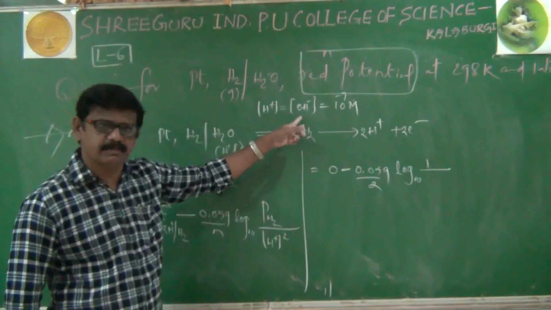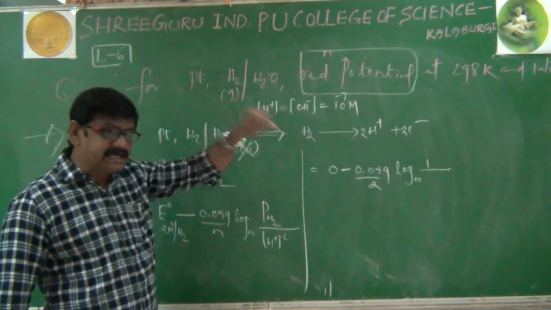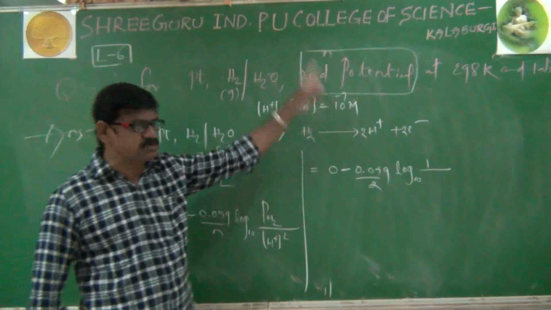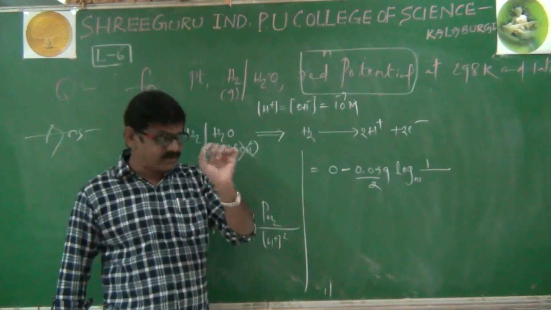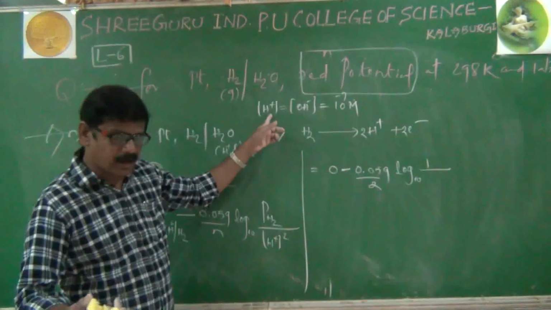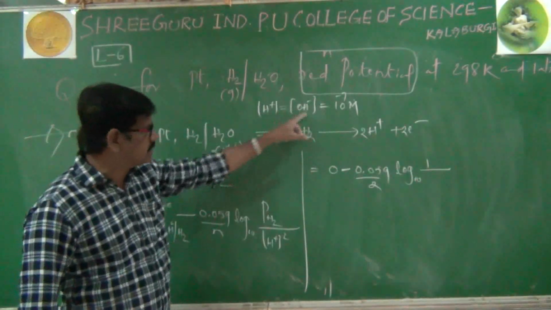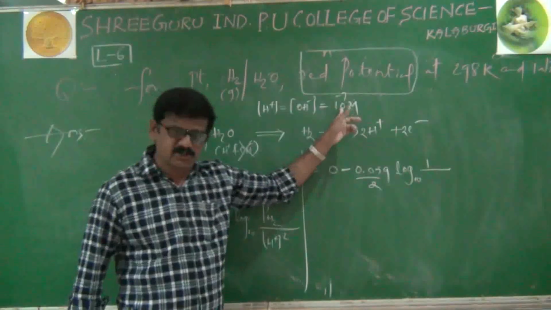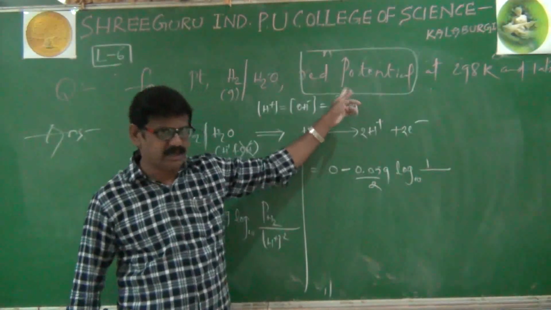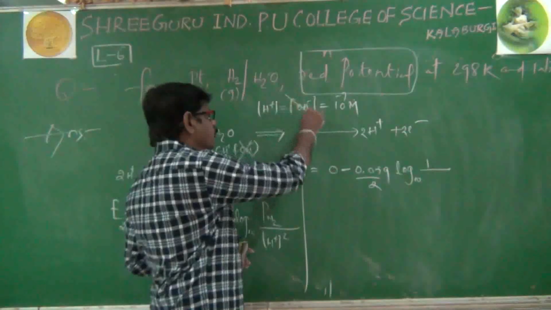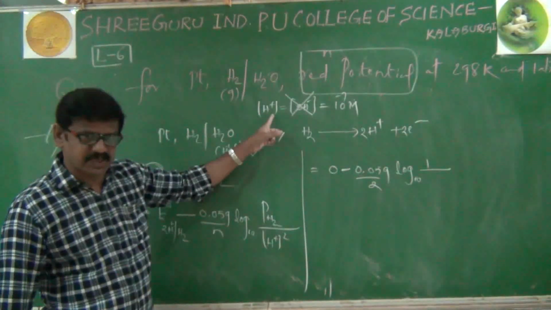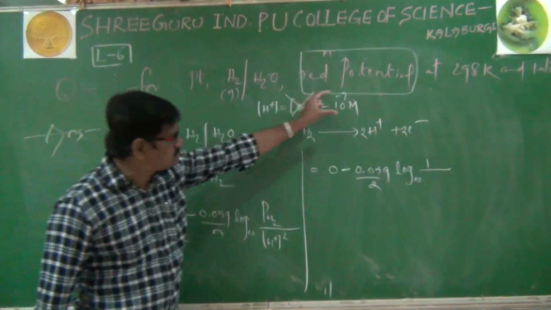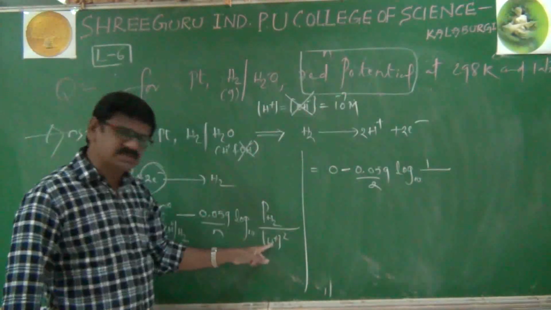It is a fixed value because H plus times OH minus is 10 to the power of minus 14. That is the ionic product of water. From that, H plus and OH minus concentrations are equal and the value is 10 to the power of minus 7 molarity. Here of course we don't need the OH minus concentration, we need the H plus concentration only. That's why I am using that value here.